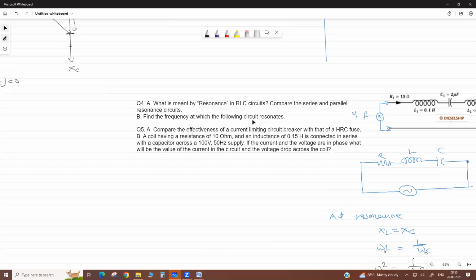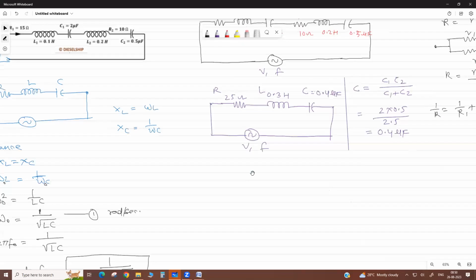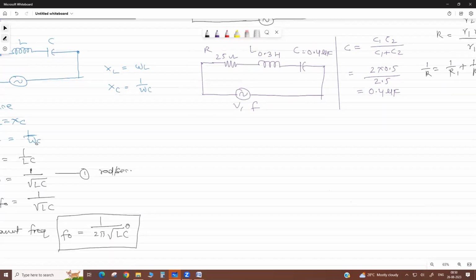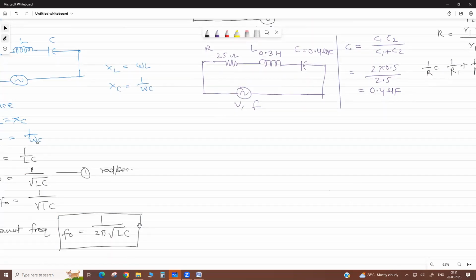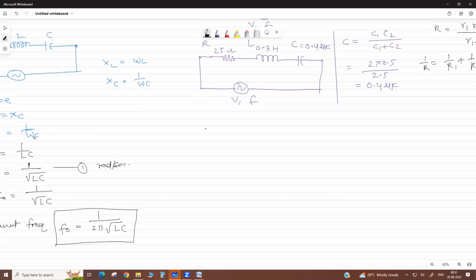He is asking the frequency at which the circuit is resonant. Now you know R, L and C. We have drawn this formula, the frequency of resonance: the frequency at which the above circuit is resonant.